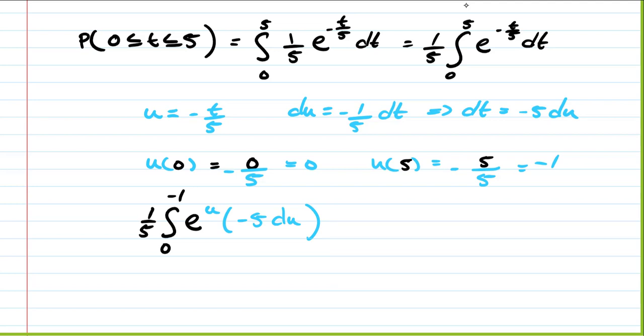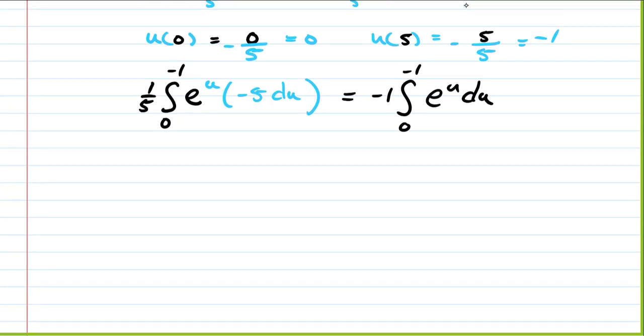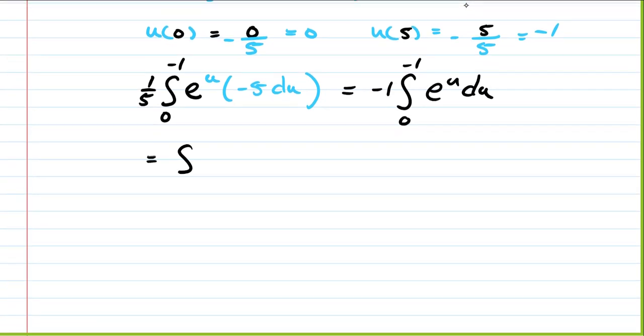So our positive 1/5 and our negative 5 reduce to give us negative 1 times the integral from 0 to negative 1 of e to the u du. And when we have a negative, we can reverse our limits of integration and change our sign from negative to positive. So this is equivalent to the integral from negative 1 to 0 of e to the u du.